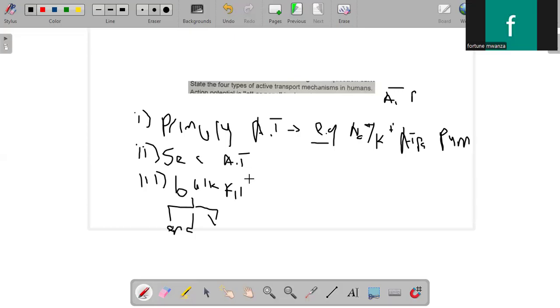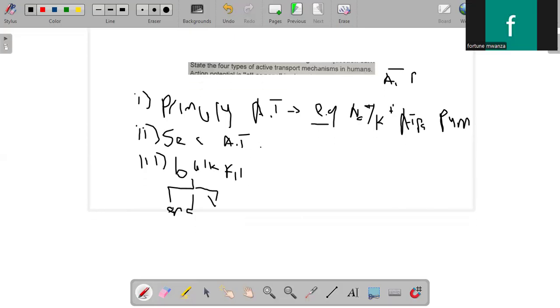Here, good examples are what we call symports. For symports, substances will be moving in the same direction. A good example of a symport is your GLUT molecule.